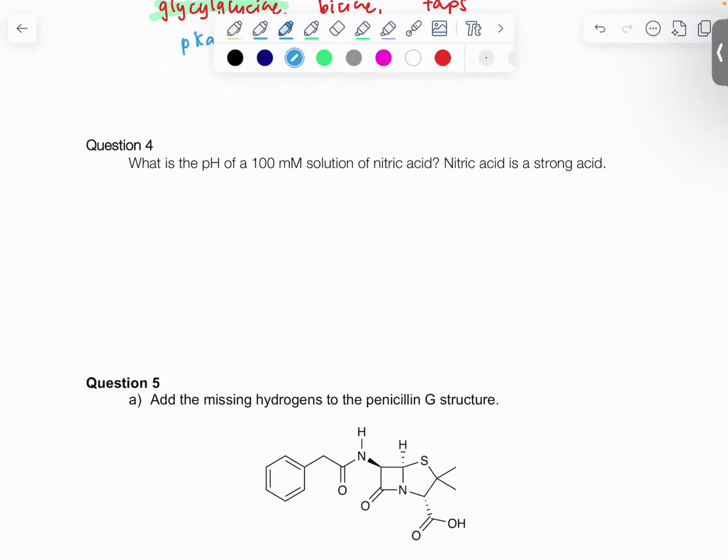What equation should I use? 100 millimolar is equal to 0.1 molar. So we can say pH equals negative log of 0.1, and our pH equals 1.